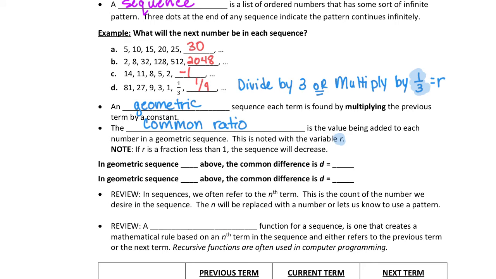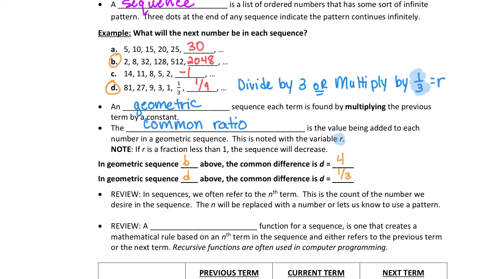In my example above, two of those examples were geometric sequences. We multiplied. The first one would be example B. So in geometric sequence B above, we multiplied each time by 4. And in geometric sequence D, that was the other one that was a geometric sequence, we multiplied by 1/3 each time.